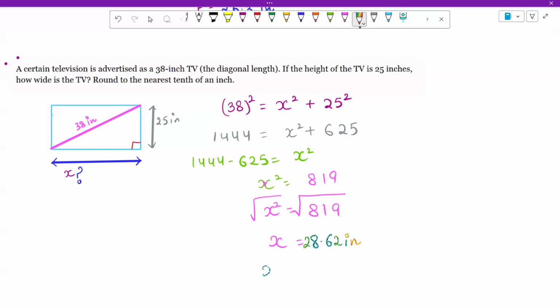So what is the value of x? It'll be to the nearest tenth, right? Yes, to the nearest tenth. It'll be 28.6. Very good, that's right.